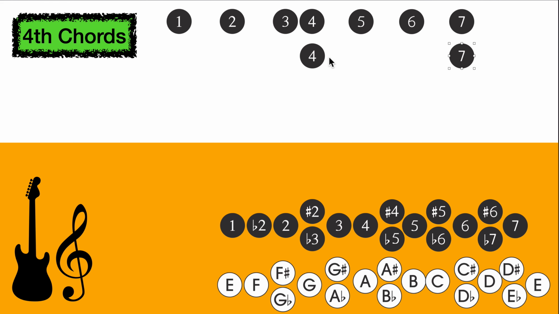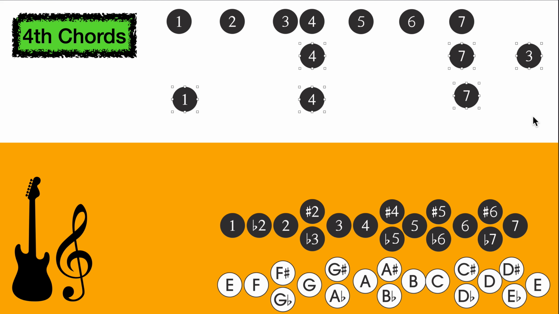So when we do our fourth chord starting on the 4th, that's going to be different than our fourth chord starting on the 1, because it's going to go 1, 4, and 7, and then this fourth chord will go 4, 7, and 3. 7 to 3 is a perfect fourth. 1 to 4 is a perfect fourth, but the 4 to 7 is not a perfect fourth. So that'll affect how they look.